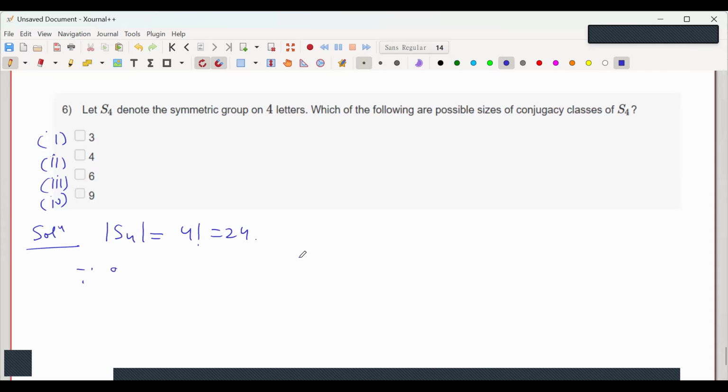Now since 9 does not divide 24, therefore no conjugacy class can have order 9. Good. What about other options?